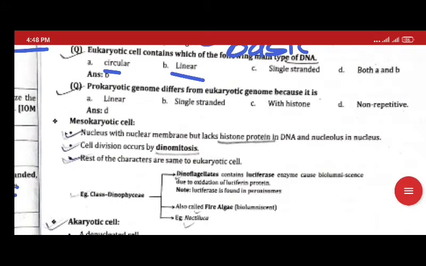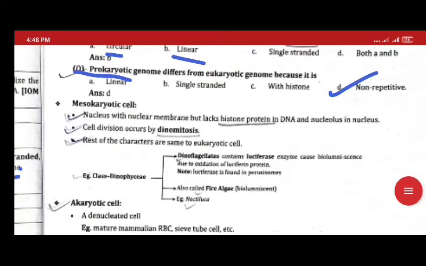Now the prokaryotic genome differs from the eukaryotic genome because it has no histone and it is circular and multi-stranded, so it is non-repetitive. So non-repetitive is the best for what? Prokaryotic genome.